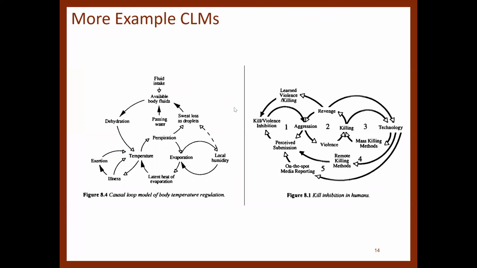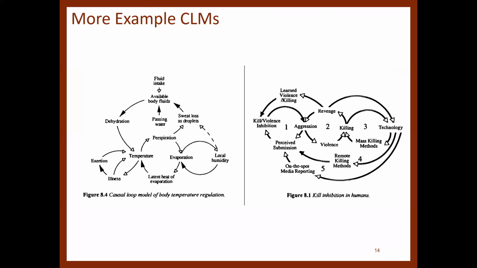So here are more examples for the causal loop models. On the left, we have a causal loop model of body temperature regulation. This is a more scientific type of causal loop model. And then we have another example on the right, which is called the kill inhibition in humans.